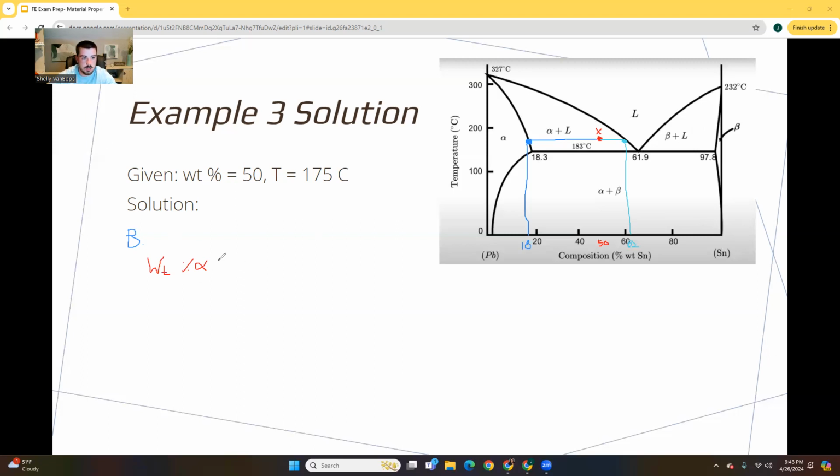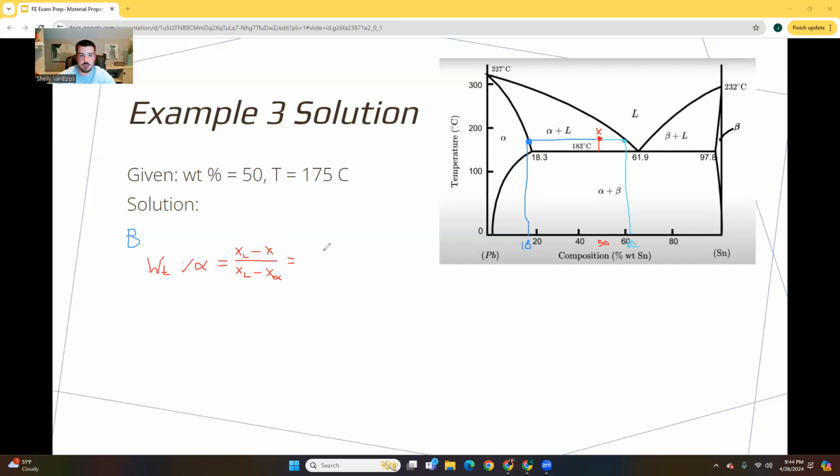So the equation we will take is XL minus X, over XL minus Xalpha.